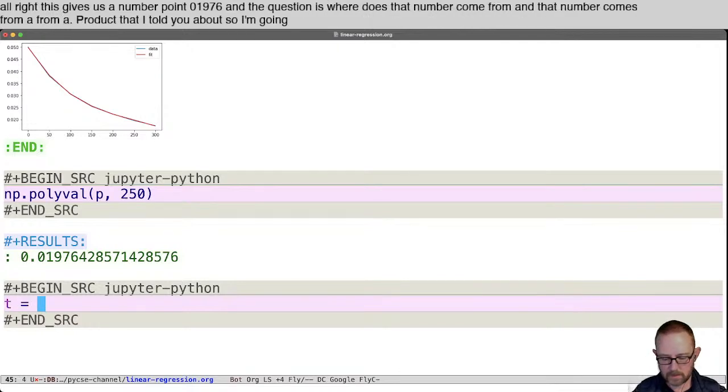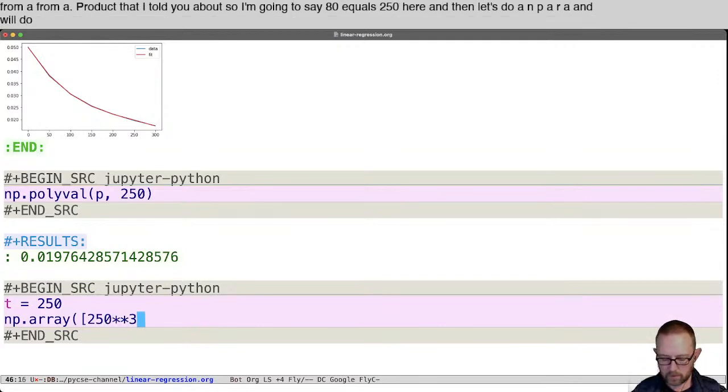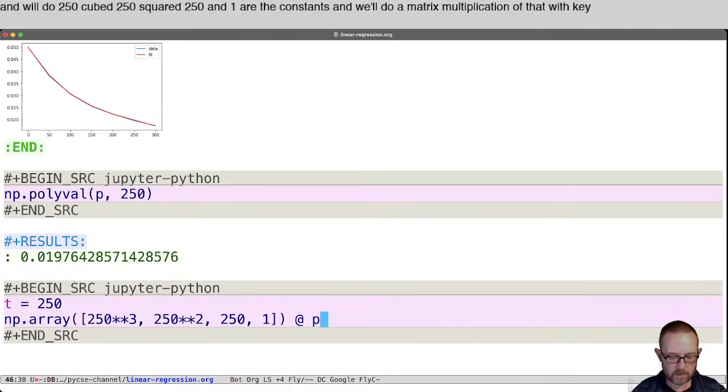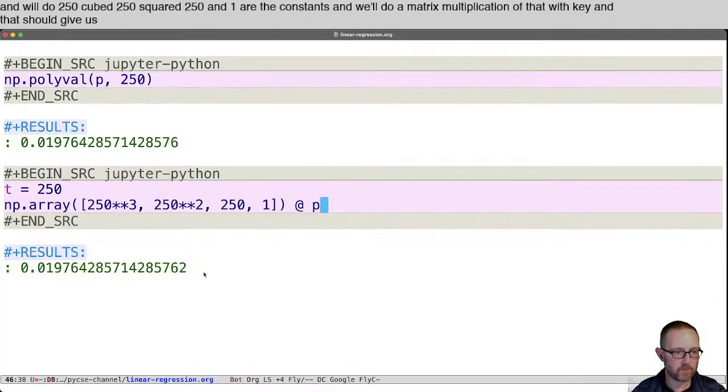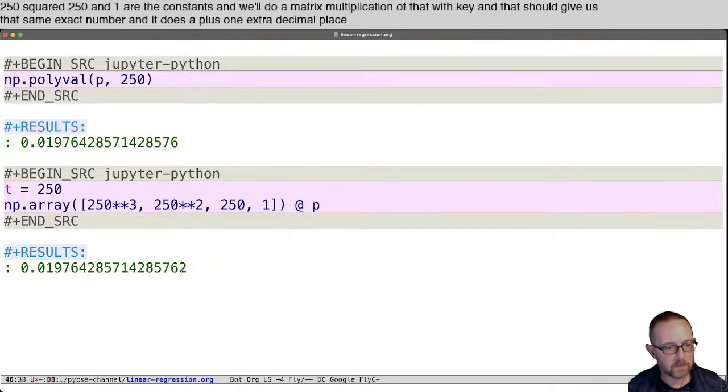So I'm going to say t equals 250 here, and then let's do np.array, and we'll do 250 cubed, 250 squared, 250, and 1 for the constant, and we'll do a matrix multiplication of that with p, and that should give us that same exact number. And it does, plus 1 extra decimal place, it looks like.